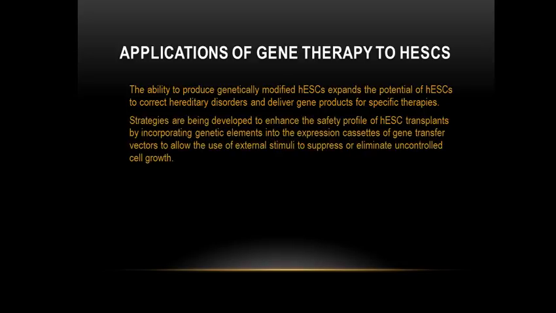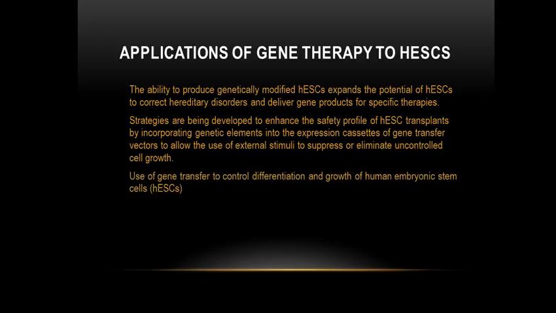Strategies are being developed to enhance the safety profile of human embryonic stem cell transplant by incorporating genetic elements into the expression cassettes of gene transfer vectors to allow the use of external stimuli to suppress or eliminate uncontrolled cell growth. Use of gene transfer to control the differentiation and growth of human embryonic stem cells.